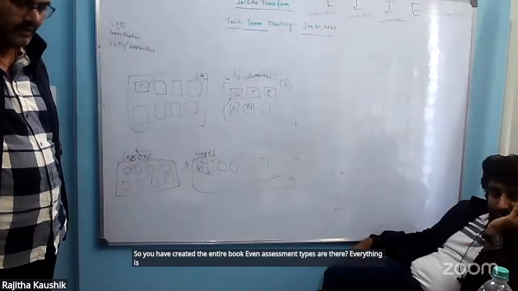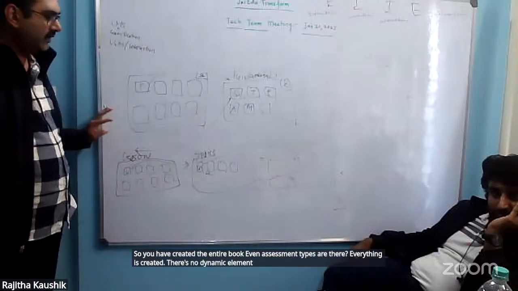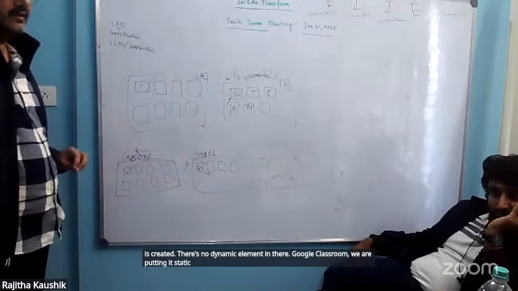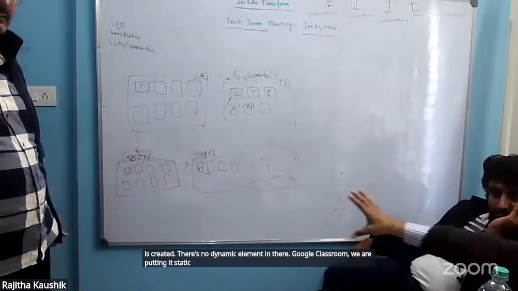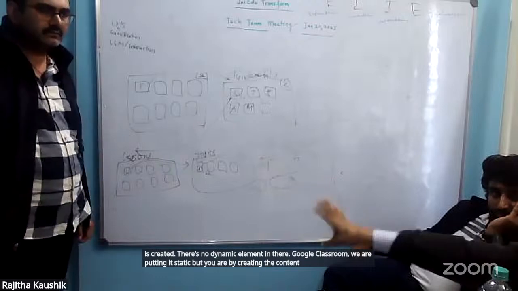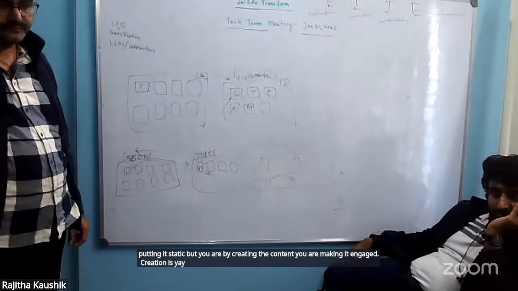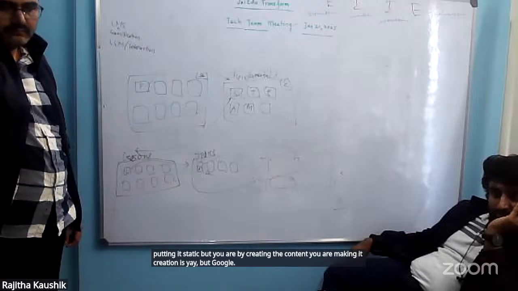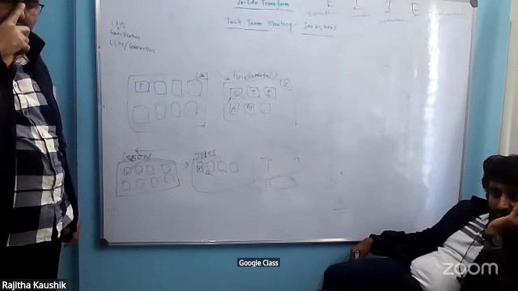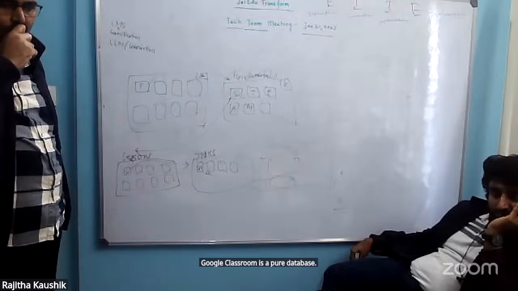There's no dynamic element in the Google Classroom; we are putting static content. While creating the content, you are making it AI based. Creation is AI, but Google Classroom is a pure database. There's no dynamic element there.